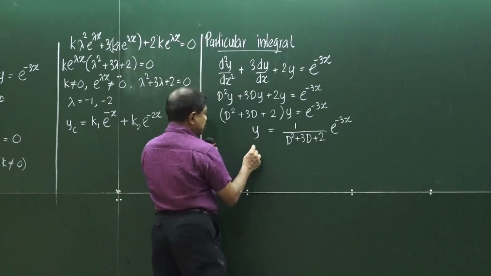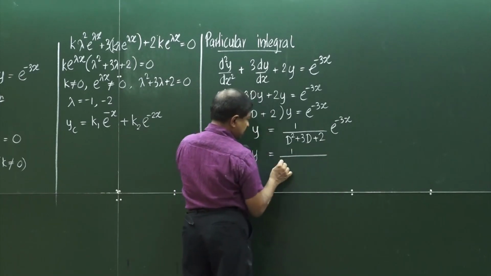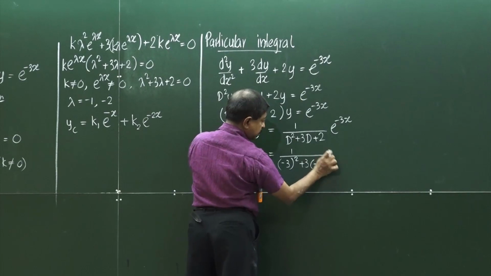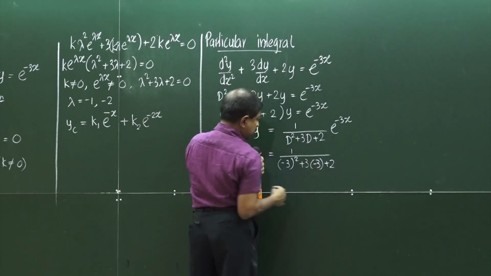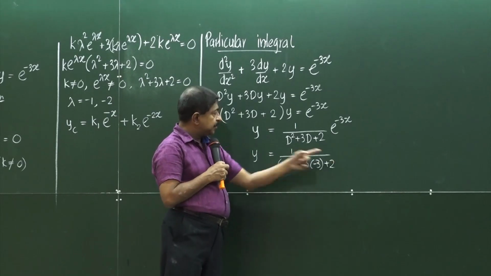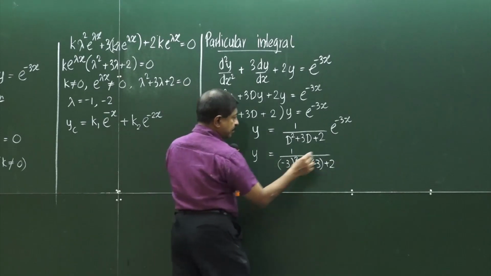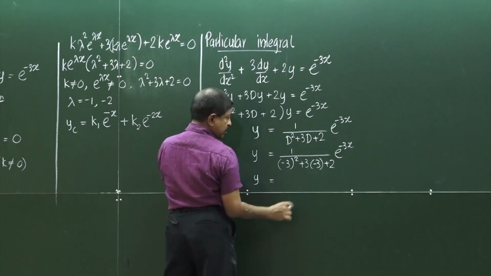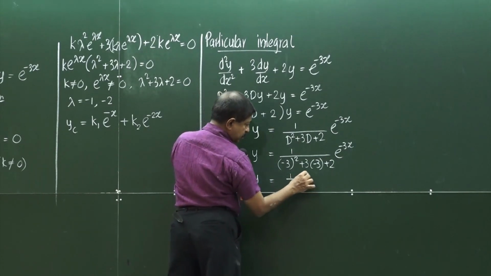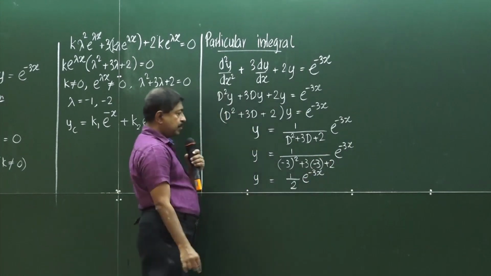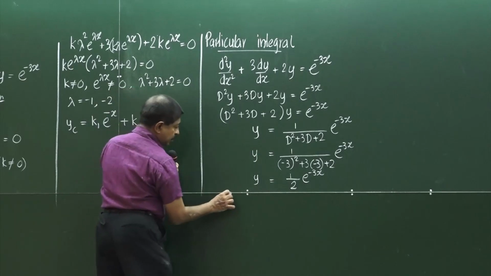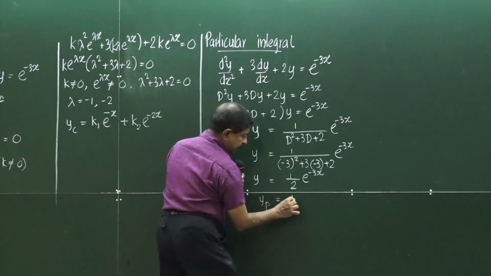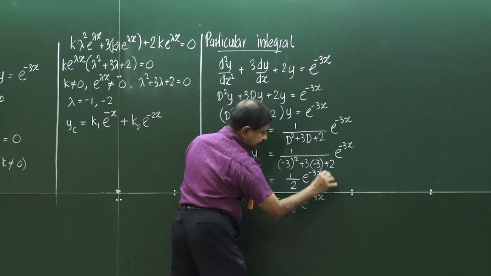Alpha is -3. So plug in -3 for D. This is 9, this is -9, this is 2. So this is a particular integral, yp, which is a solution to the differential equation.